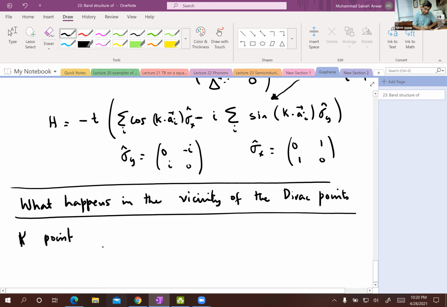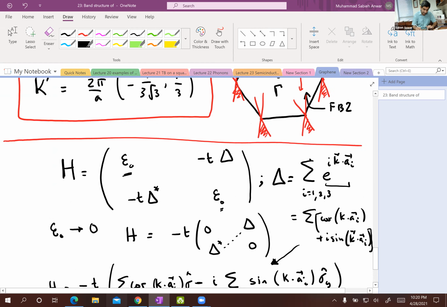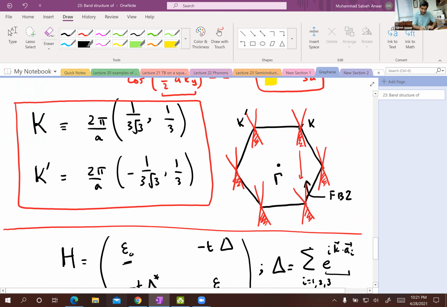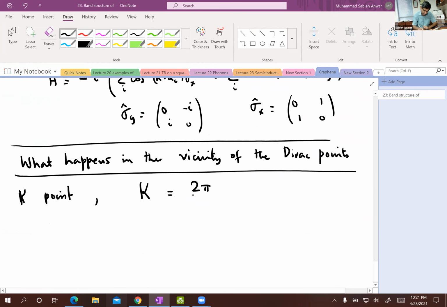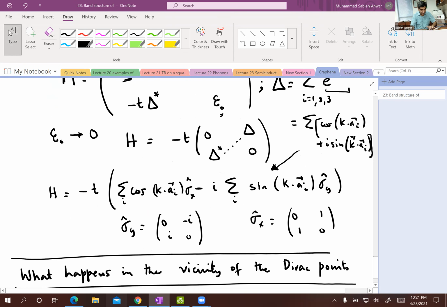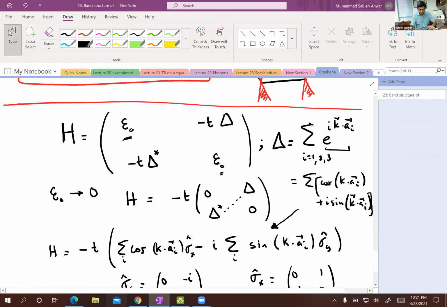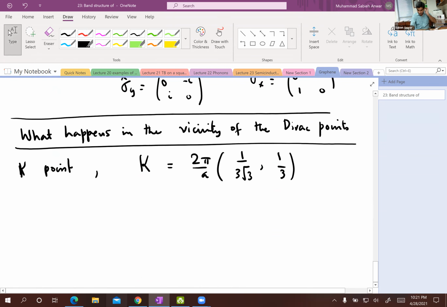So I know what the coordinates of this K are, they are given by this thing here, 2 pi over a. So this is my K point. So let me just reconfirm. Yes. All right.